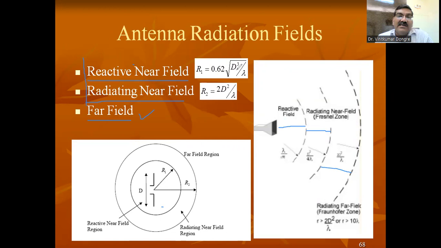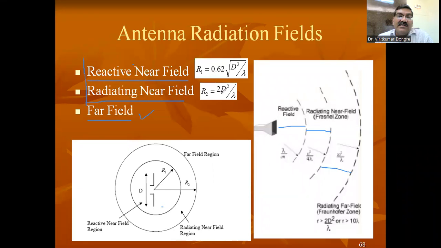So 1000 by lambda, and you can calculate this distance. You will get it in centimeter, as D and lambda are all taken in centimeter. So you will get the reactive near field. From 0 to this much distance is the reactive near field.